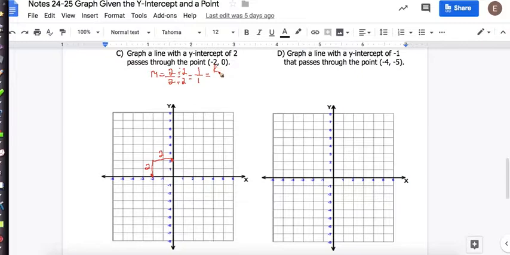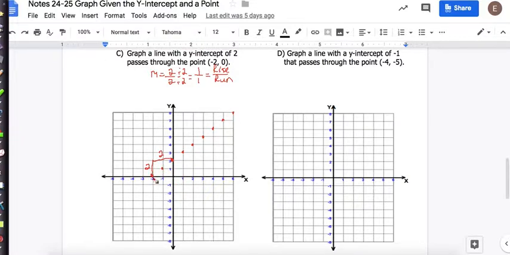So my rise is 1. My run is 1. So let's start here in the far left. Up 1 over 1. Up 1 over 1. There's my y-intercept. Up 1 over 1, and continue up to the top.